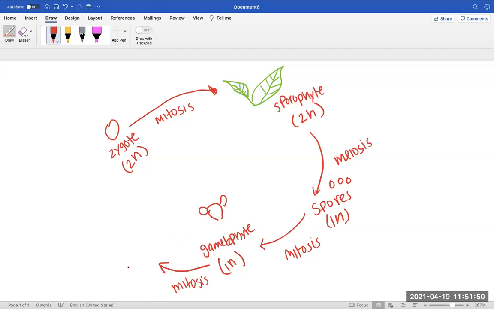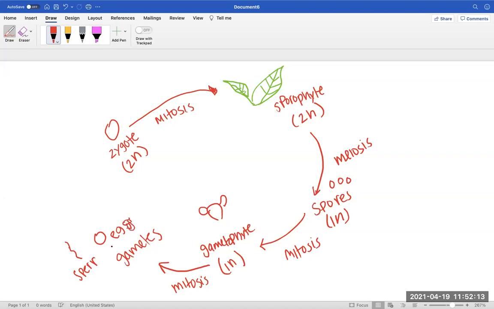And it's going to make gametes. Now those gametes can be egg and sperm. Once these gametes find each other, maybe one plant makes eggs, other plant makes a sperm.